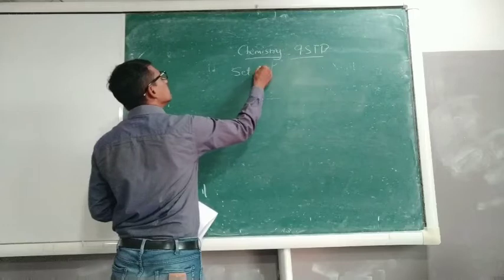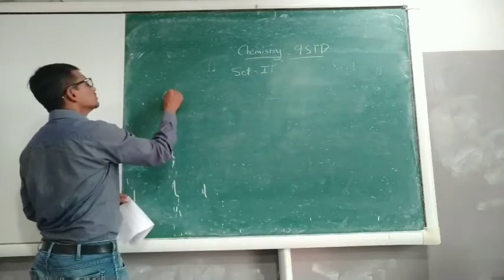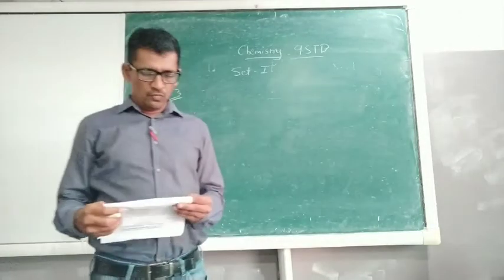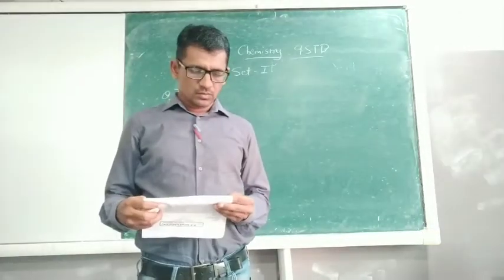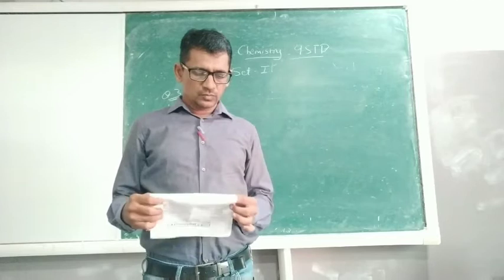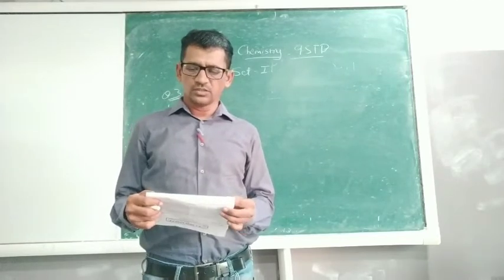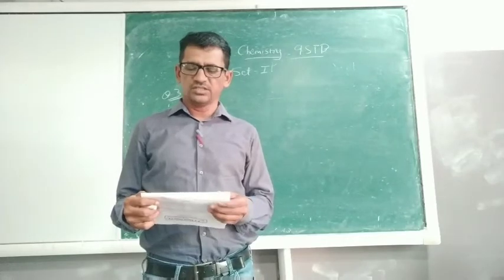Okay, it is set number 1. Question number 3 is: when an ion is formed from an atom, the number of which subatomic particle changes?